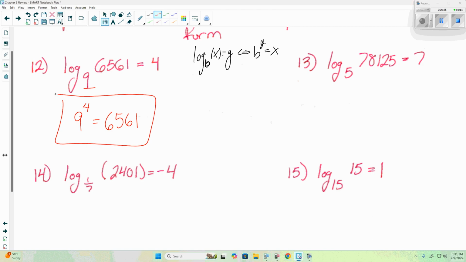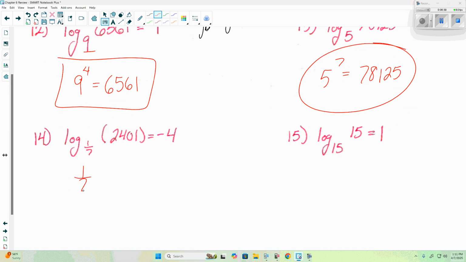So what would 13 be? The base of the log is always the base of our exponential, and the exponent is always what's after the equal sign.